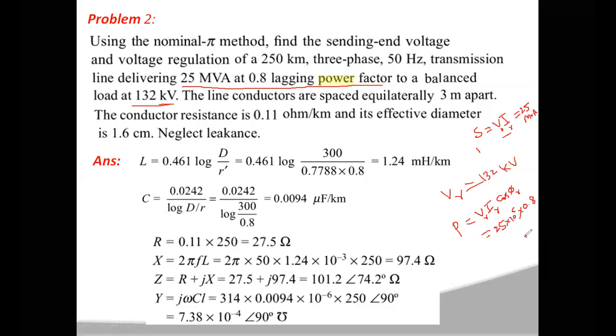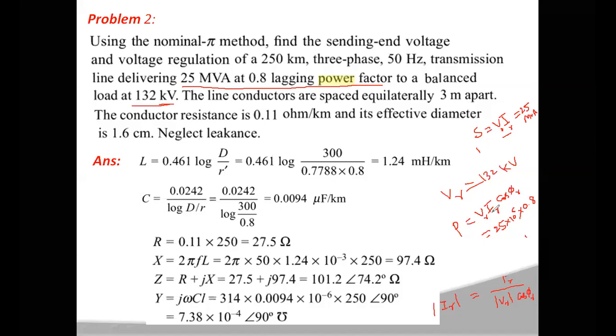After getting the power, you can calculate the magnitude of the receiving end current. Current is equal to the total power at the receiving end divided by the magnitude of VR into cos phi R. Here you have to consider VR and IR as the line voltage and line current.